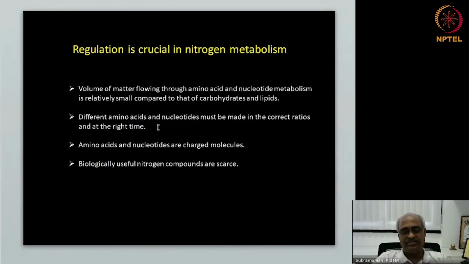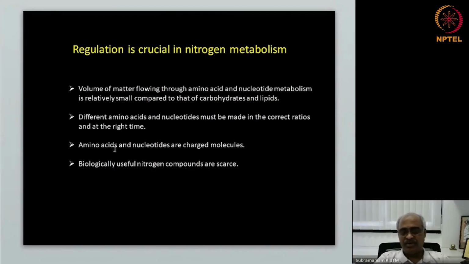Let us say you have 19 amino acids and the missing amino acid is lysine. In translating an mRNA, if the third triplet is for lysine, and if you don't have lysine, that's it. You're not going to add the 4th, 5th, and so on. So it is an all or none phenomenon. So you need all the amino acids at the right ratio at the right time to make the right proteins. Same is the case with nucleotides.